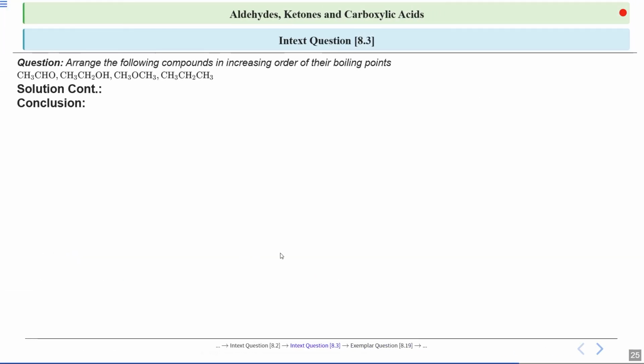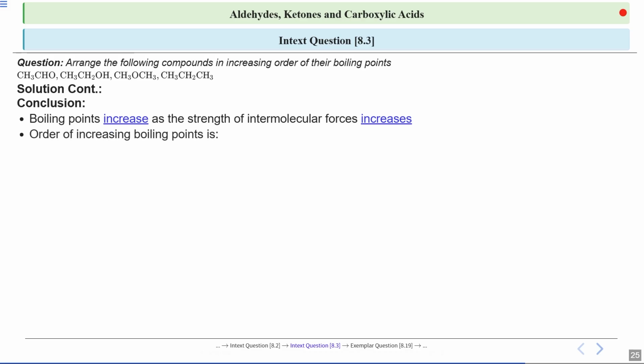Finally, if we conclude, boiling point increases as the strength of intermolecular force increases. This is because stronger forces require more energy to break, which leads to a higher boiling point.